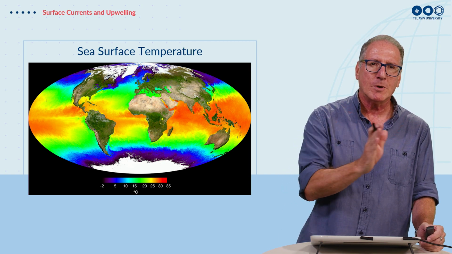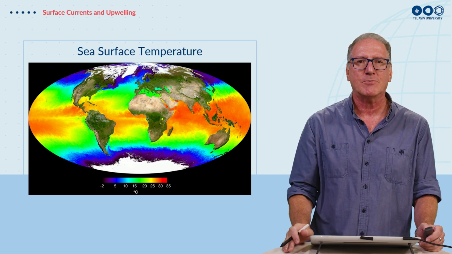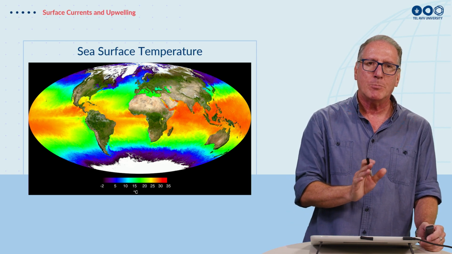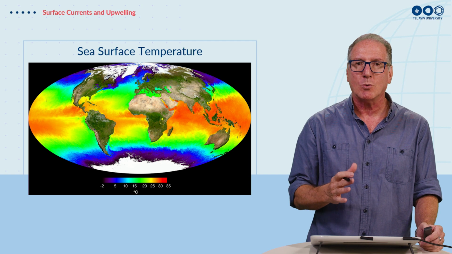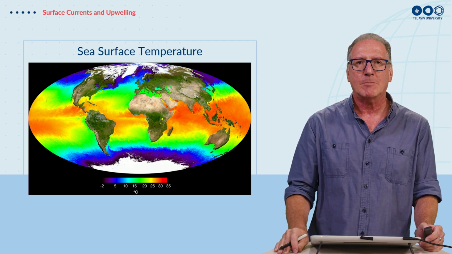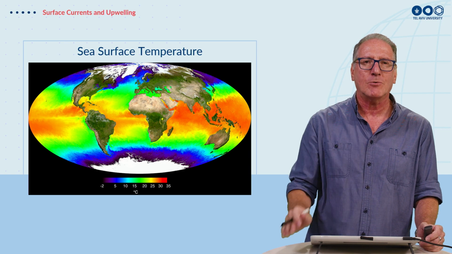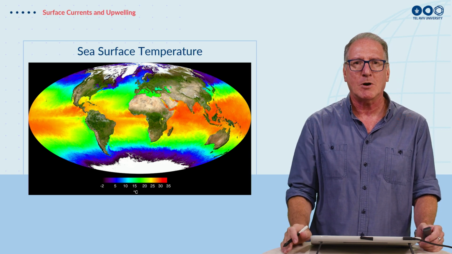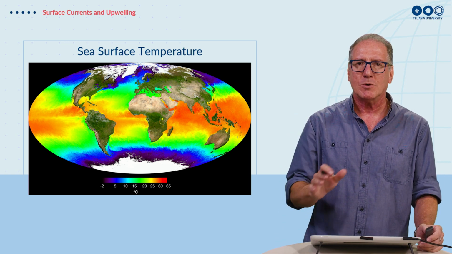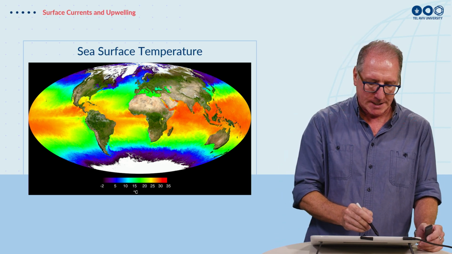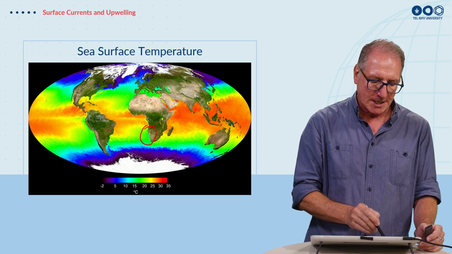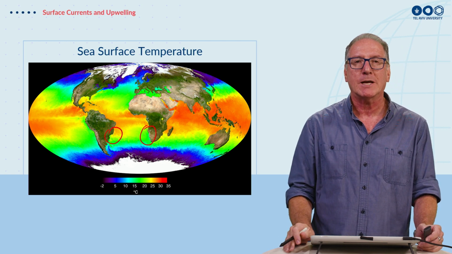But if we look from east to west, we see differences in the oceans: off the coast of Namibia, Peru, Ecuador, we have much colder water than on the other side of the oceans, and the Canary Islands, California. This is because of this phenomenon of upwelling, bringing the cold waters up to the surface. So on the eastern side of the oceans, like here in Namibia, the temperature is much colder than on the other side near Brazil on the same latitude.